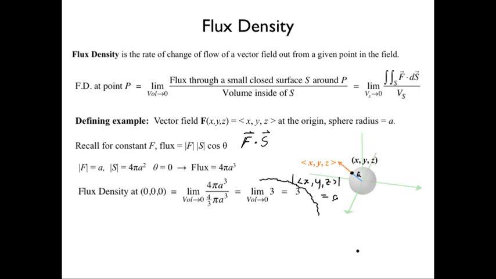Remember how to calculate divergence? The curl was the cross product, and divergence was the dot product with the gradient operator, partials.